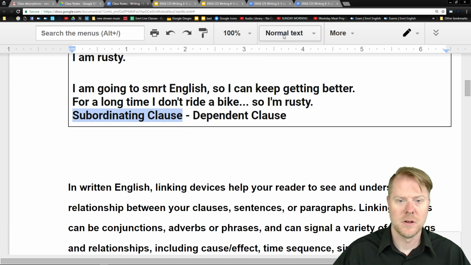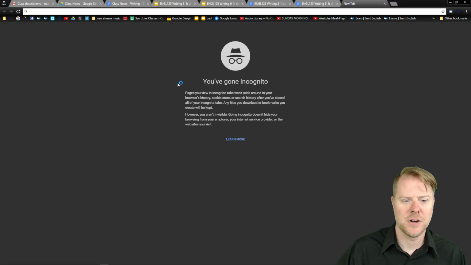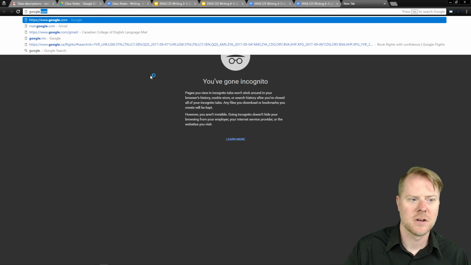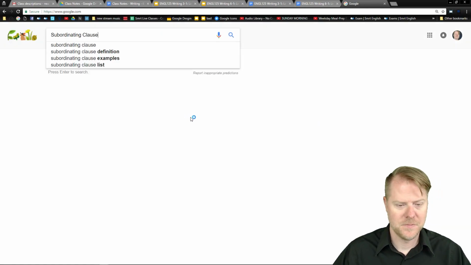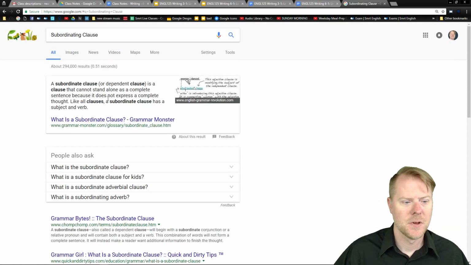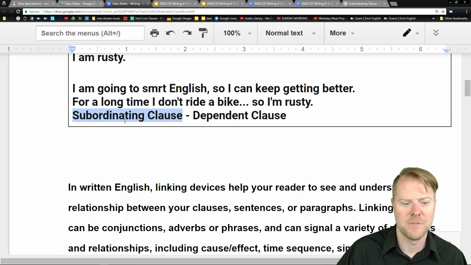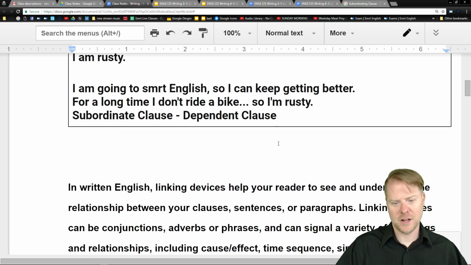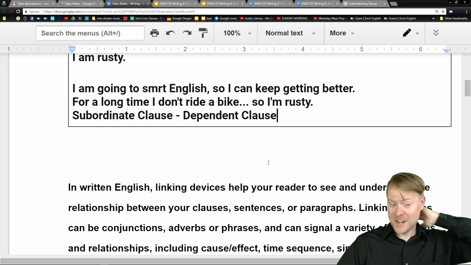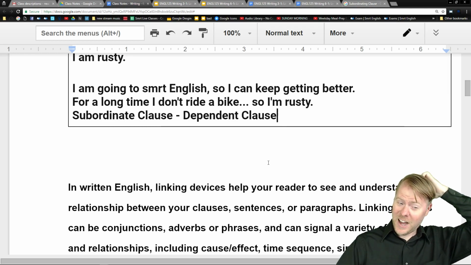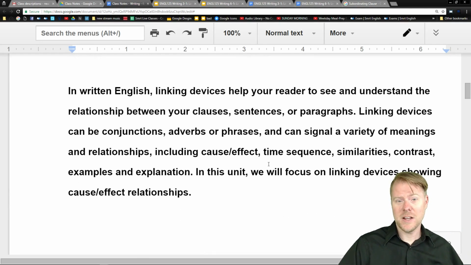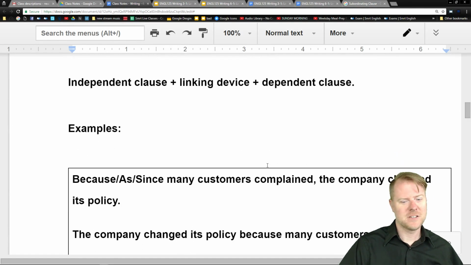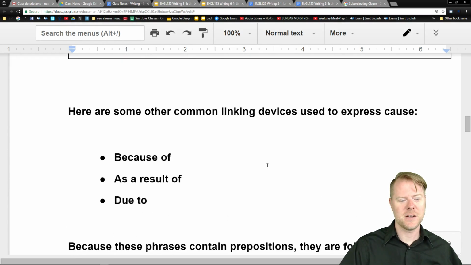I'm going to look that up to make sure I have that correct. Yeah, it's just a dependent clause, just a fancy name for it, and that's what I thought. I'm going to call it a subordinate clause. It's also called a subordinating clause, although I like subordinate clause better. It's just a fancy word for dependent clause.